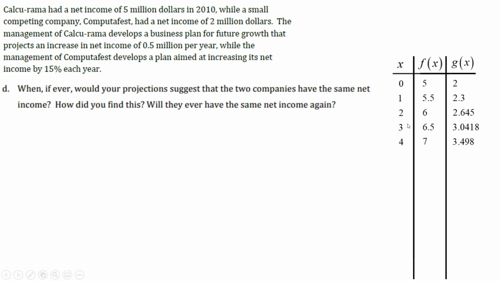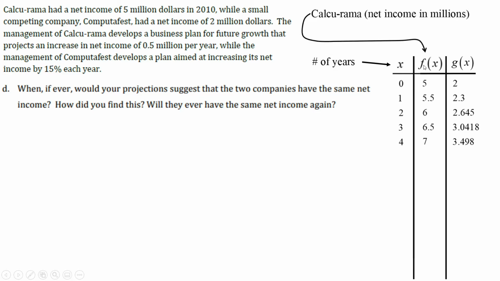So this is the table we started with, and now I used an F for Calcurama and a G for ComputerFest, so I can differentiate between the two. So X is my number of years beyond 2010.